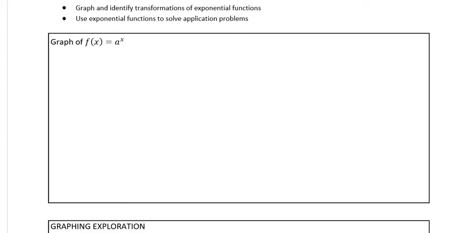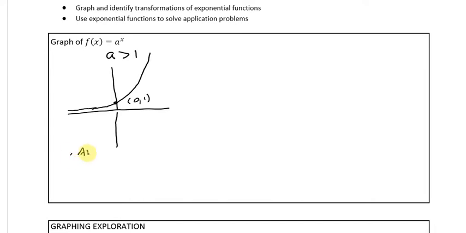The first possibility is that a is greater than 1. And if a is greater than 1, then our graph is going to look like this. It's going to start out low and then quickly go up. It always goes through the point 0, 1. So the graph is completely above the x-axis.